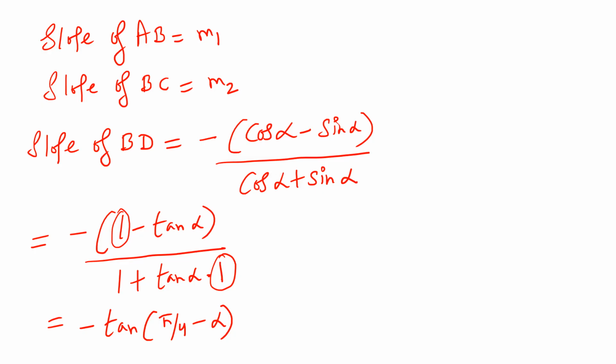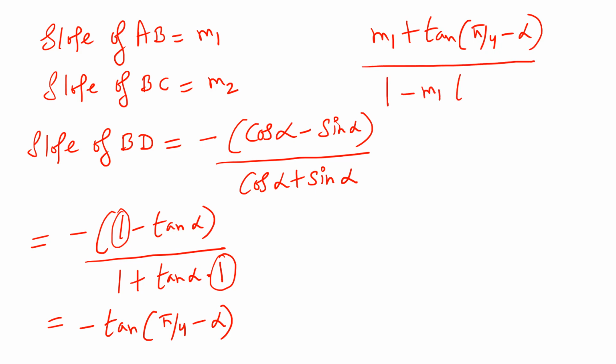Now we will just apply this formula on the lines AB and BD. So I can write M1 plus tan of pi by 4 minus alpha divided upon 1 minus M1 into tan of pi by 4 minus alpha equal to plus minus 1.